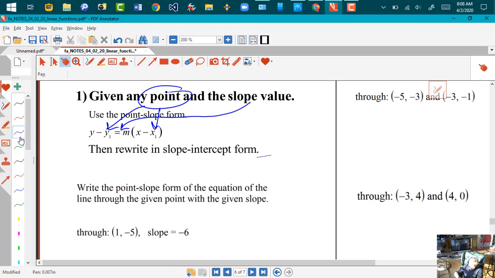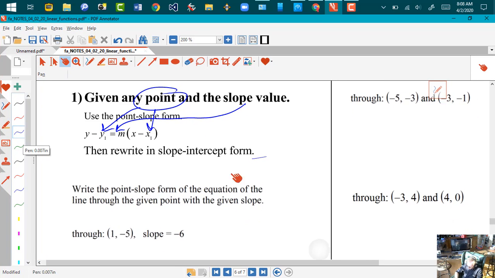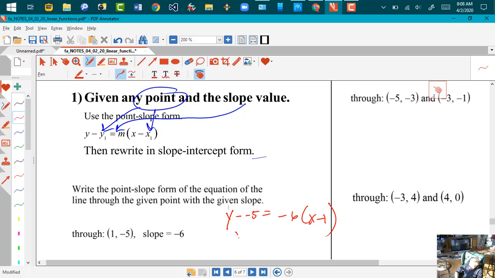All right, so point-slope form of the equation for the line that goes through (1, -5) with a slope of -6 is going to be y minus negative 5 equals negative 6 times x minus 1. So it's going to give you y plus 5 equals negative 6x plus 6.